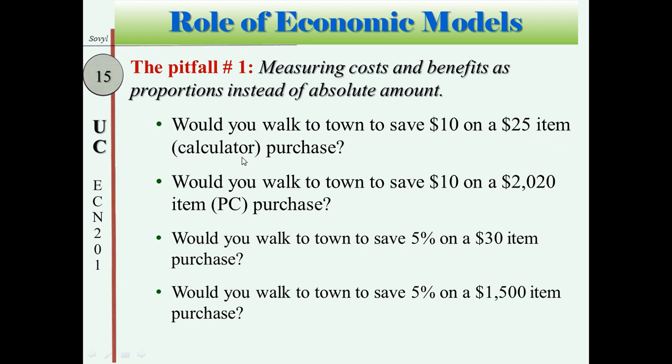Let's say a calculator. If you go downtown and come back, you can save $10, because the bookshop on campus sells the calculator for $25, but downtown is $10 cheaper. That's why if you go there, you can save $10.